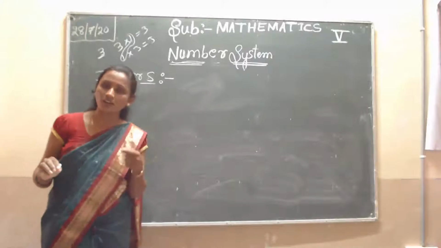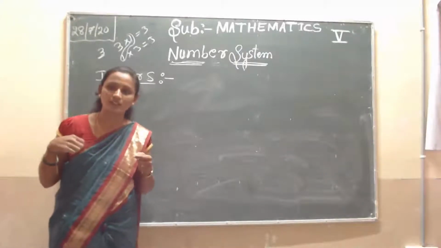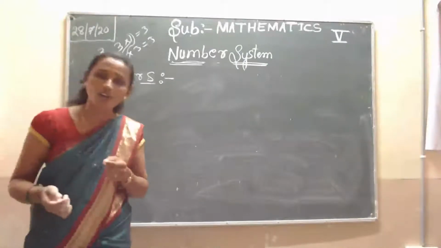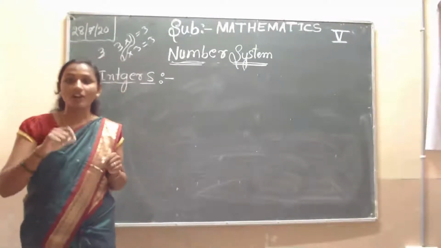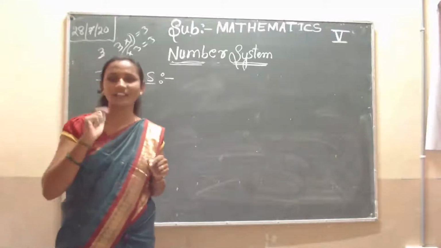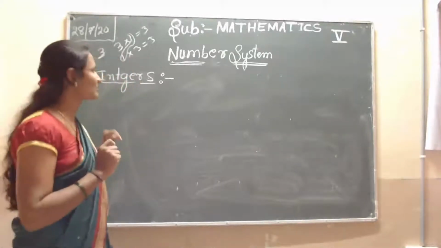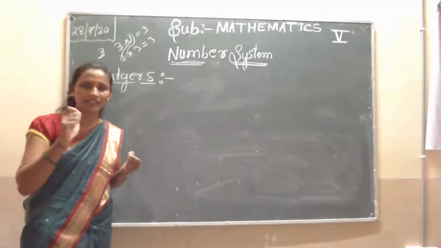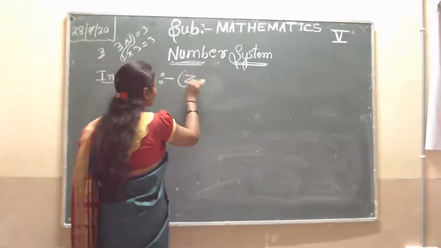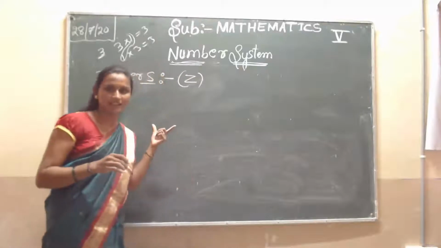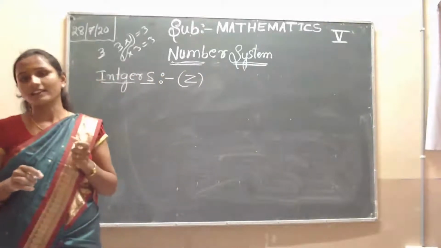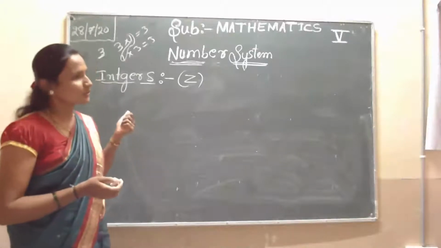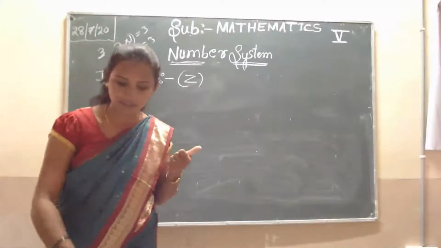The natural numbers with 0 are the whole numbers. But integers are the set of all numbers along with the negative numbers. Integers are generally denoted by capital Z. Zero is neither positive nor negative.